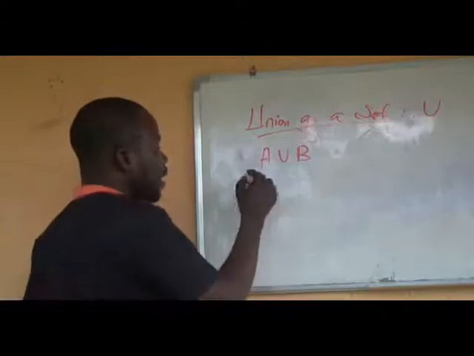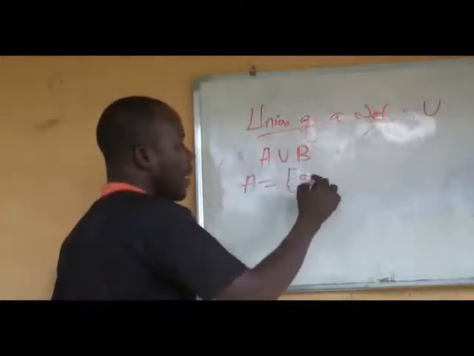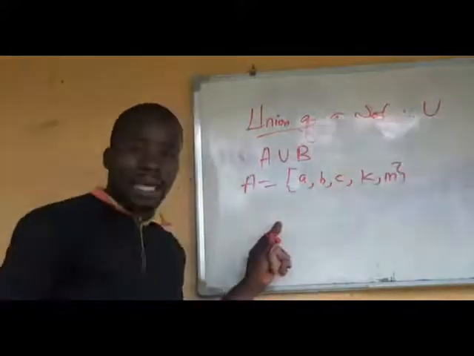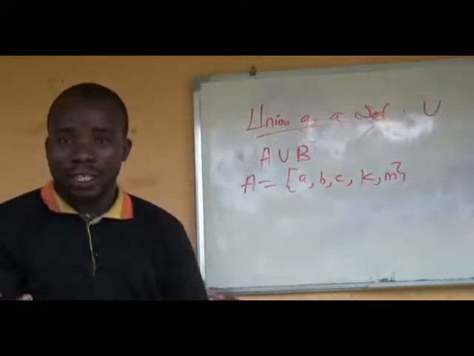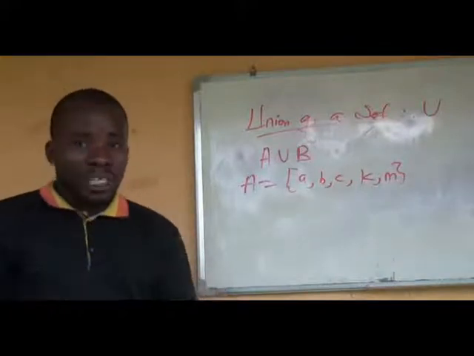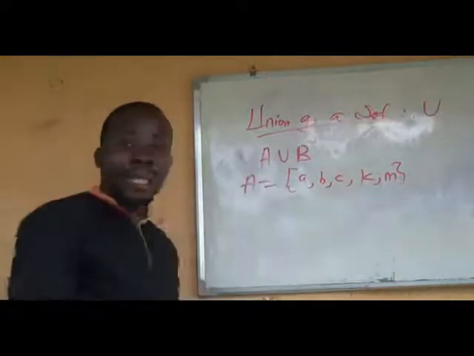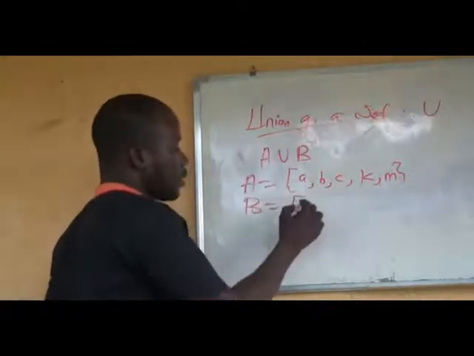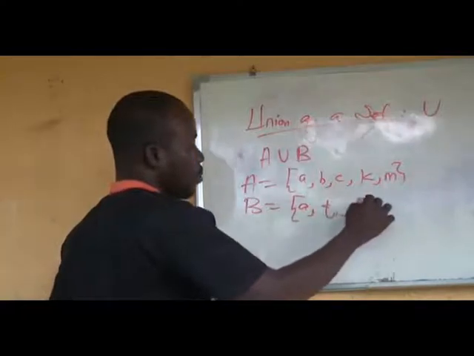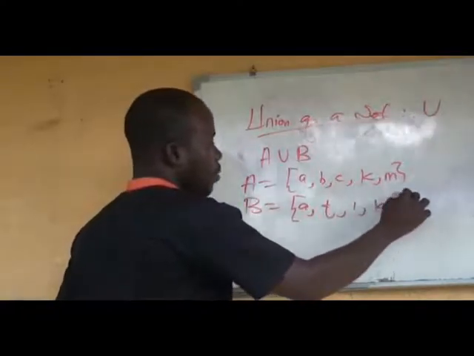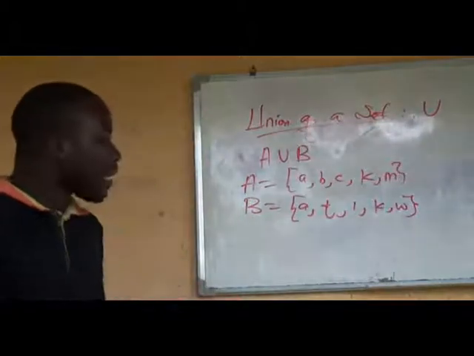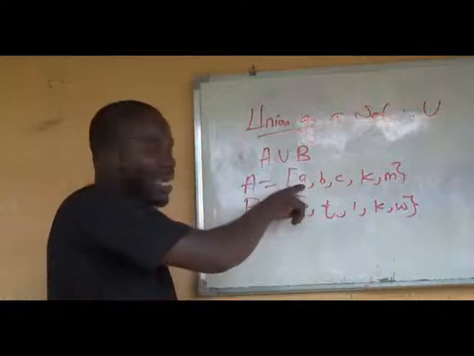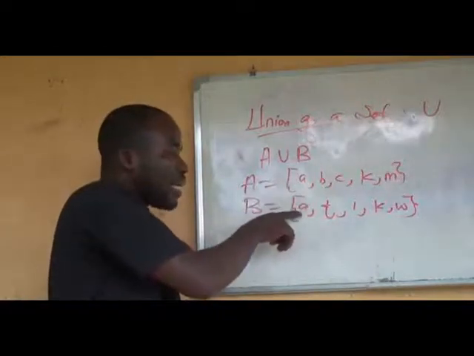For instance, if party A has the following members A, B, C, K, M, as the identification or registration numbers of its members, that is, APC has these members and PDP has these members. Clearly you see that the person with the registration number A, Mr. A, is here in APC, and Mr. A is also in PDP.